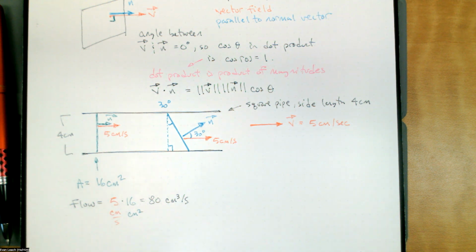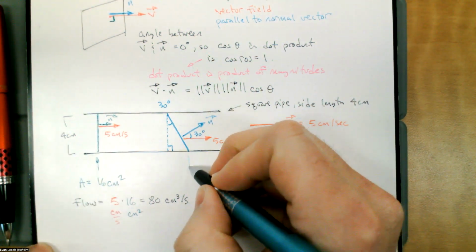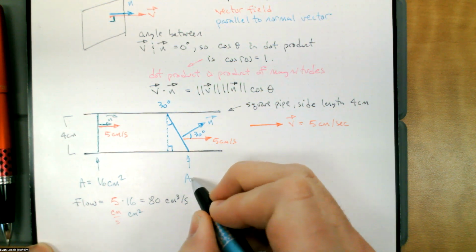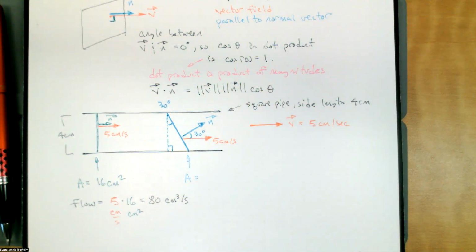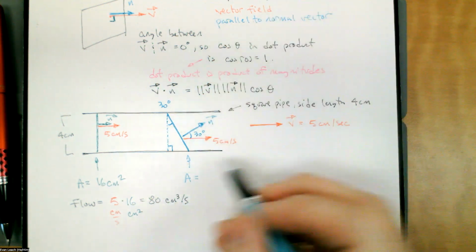Let's find the area, because the area of this surface is also greater than 16 square centimeters. Because I put it at an angle, I've made one side longer than the other, so it's no longer a square. If we pull this out, it's going to be taller than it is wide.